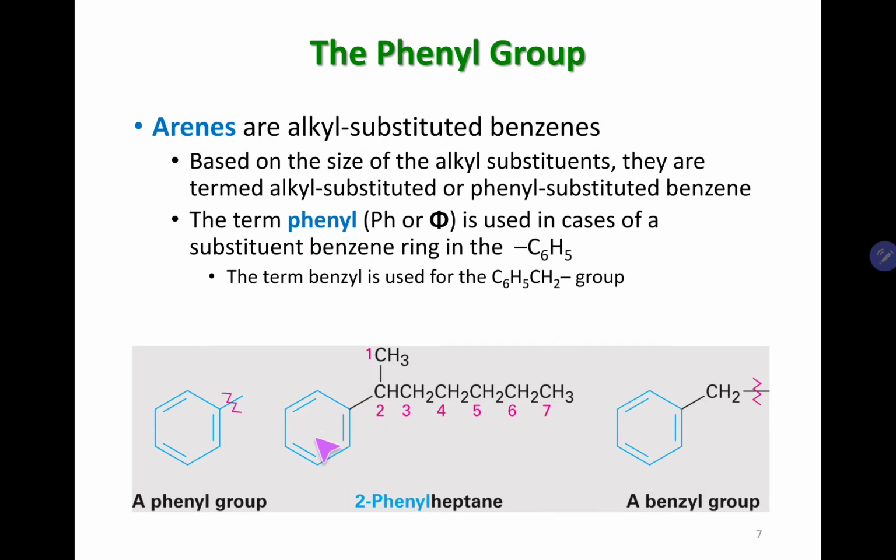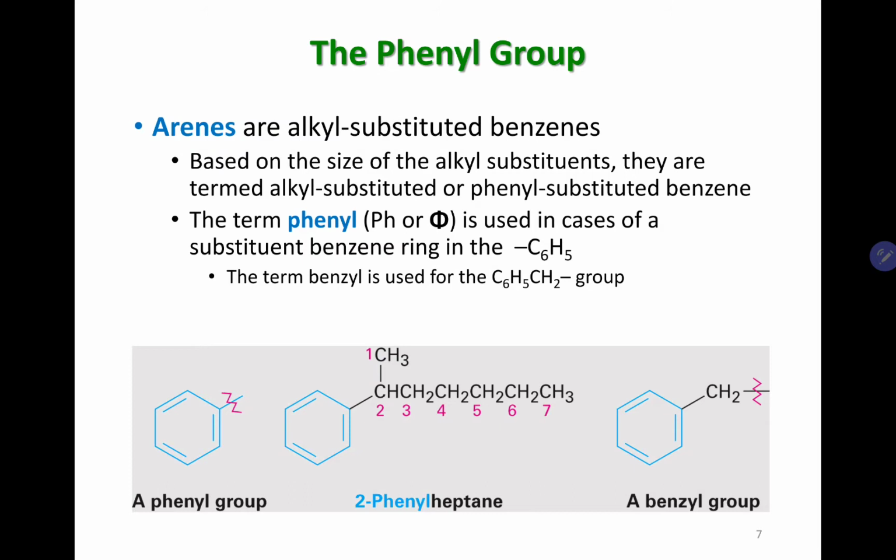Benzene has only 6 carbons, so if you have an alkyl group with more than 6 carbons, then the primary group will be the alkyl group, and benzene will become the substituent. If benzene is present in an organic compound as a substituent, then those benzenes are known as phenyl groups.